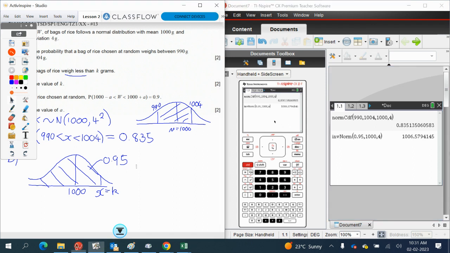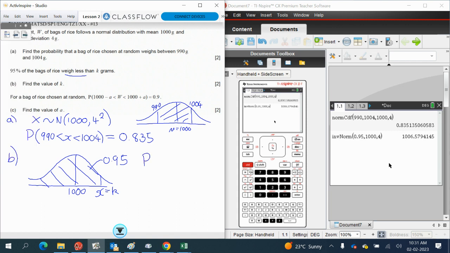So we want the probability. So to express this, we've got the probability that x is less than k is equal to 0.95. What I've got here on the board would get you the first of these 2 points. This is the method point.